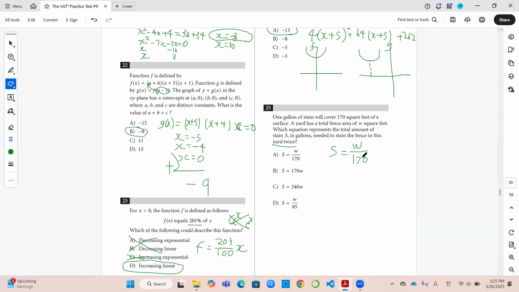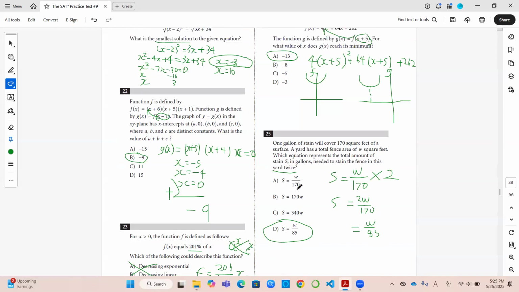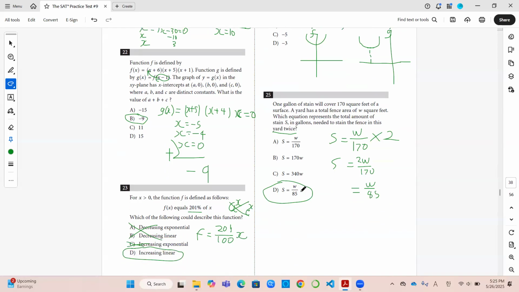However, this is wrong. It's also a trick question. Since we need to do this twice, we need to multiply this by 2. So S is 2W over 170, and we can simplify this further to W over 85. So answer choice D as in David is the correct answer for question 25.